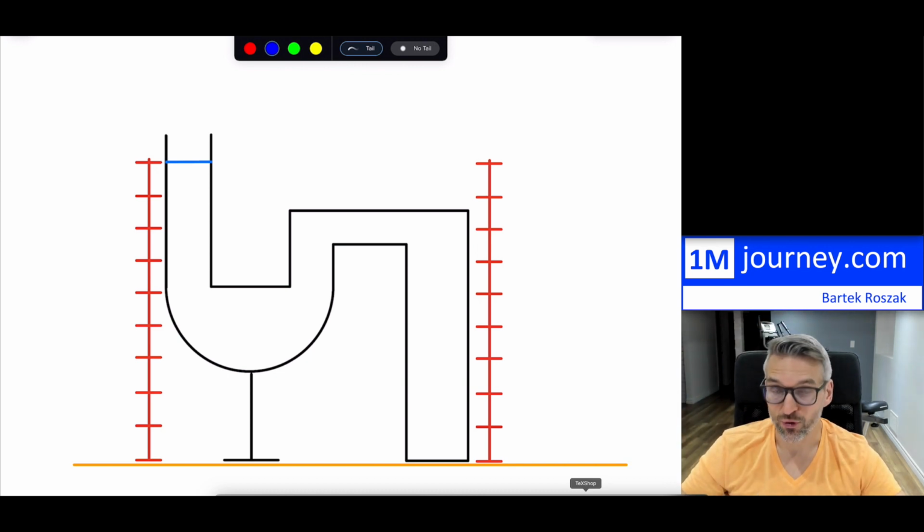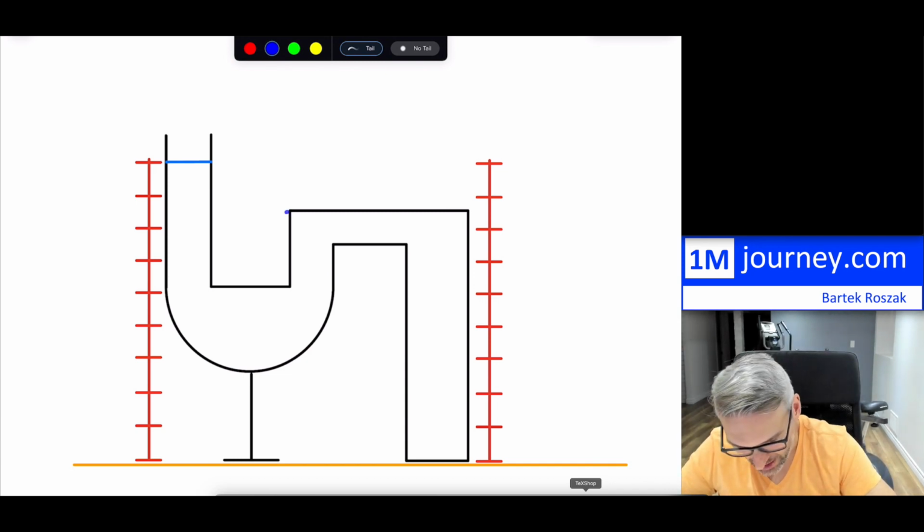Now, that is wrong. You're not at a height of zero, because in fluids, the pressure gets transferred.